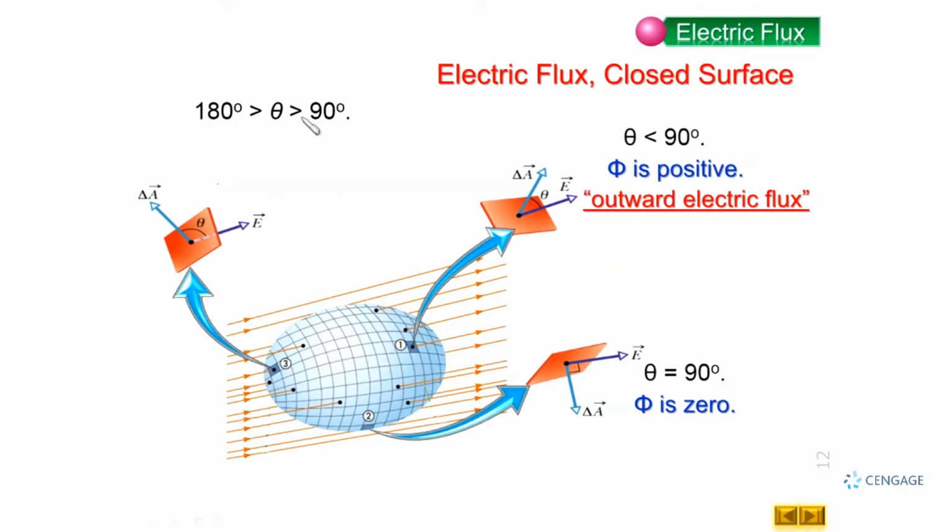So here we can observe this angle greater than 90 degree and less than 180 degree. So flux here should be negative, and this is called the inward flux, that is the incoming flux. So from this diagram we can say outward flux is positive and inward flux is negative.